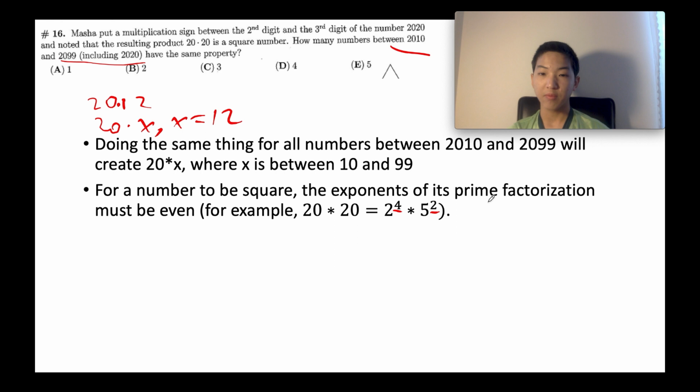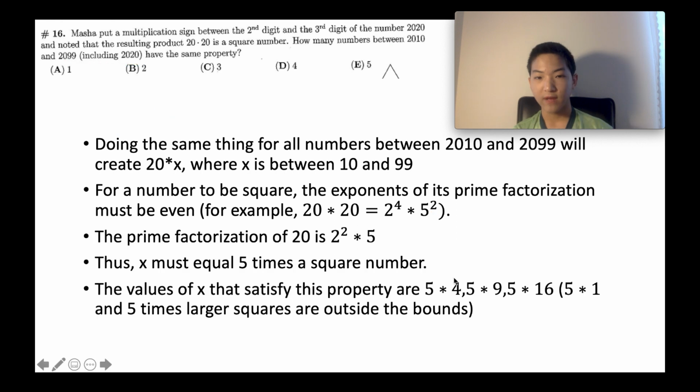So the values of x that satisfy this property are 5 times 4, 5 times 9, and 5 times 16. 5 times 1 is out of bounds because x is limited between 10 and 99, and this would be 5. And 5 times larger squares are also outside the bounds, because 5 times 25, which is the next square after 16, would be greater than 99.